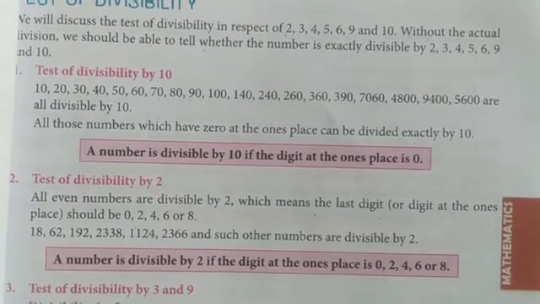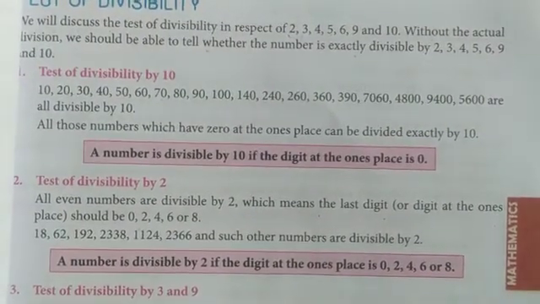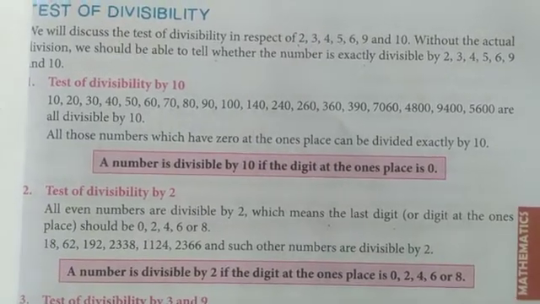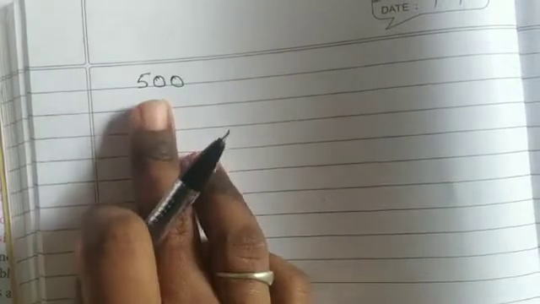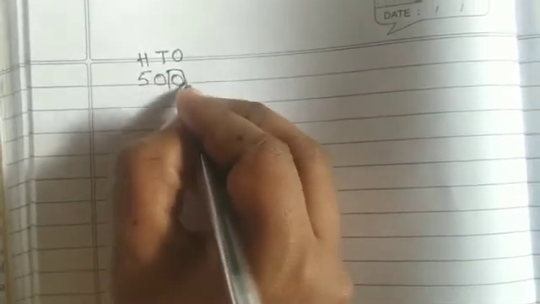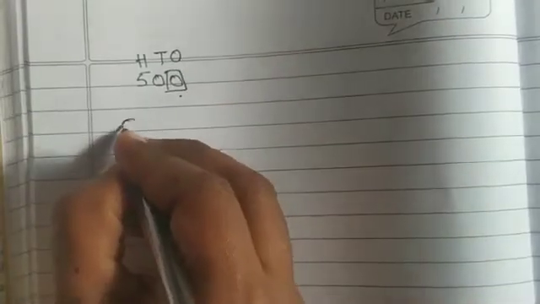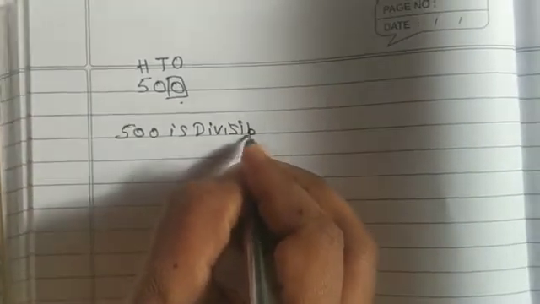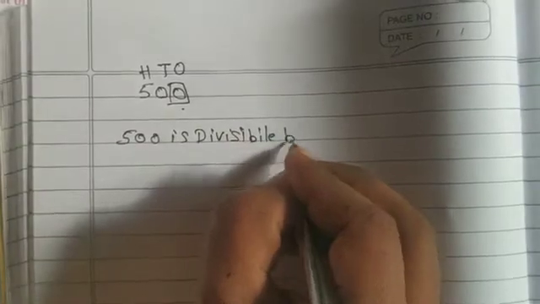If there is a 0 in the ones place, for example, you can see here they have given 500. Is this number divisible by 10? You have to see this is ones, tens and hundreds. If there is a 0 in the ones place, you can write directly 500 is divisible by 10.